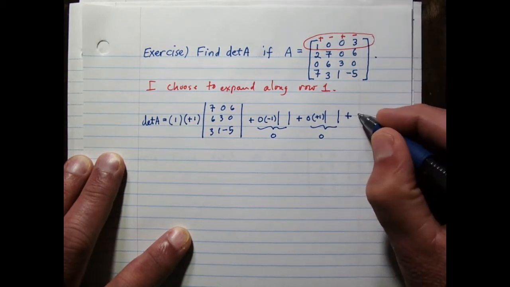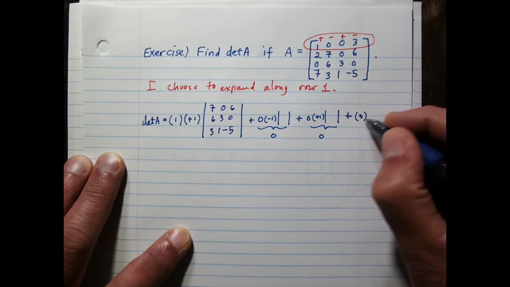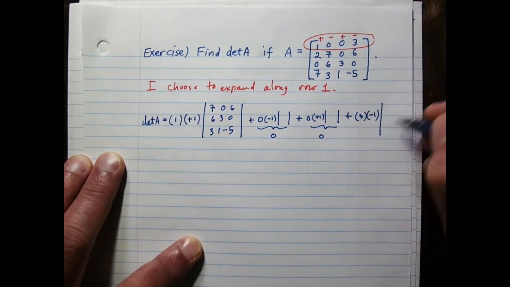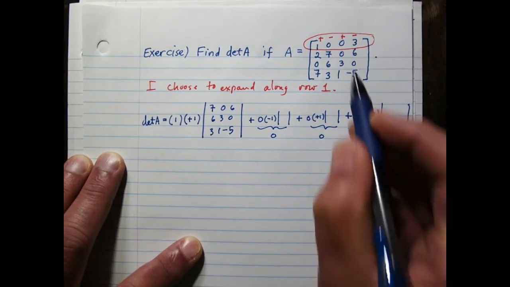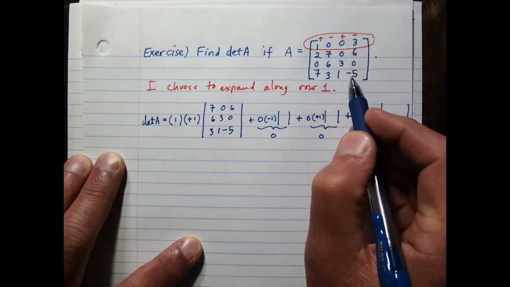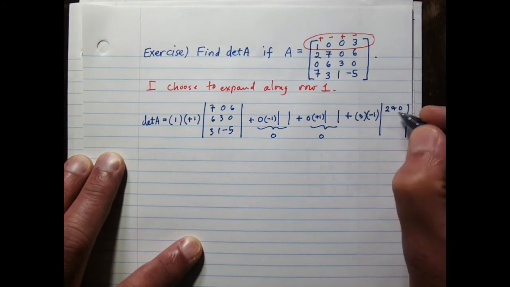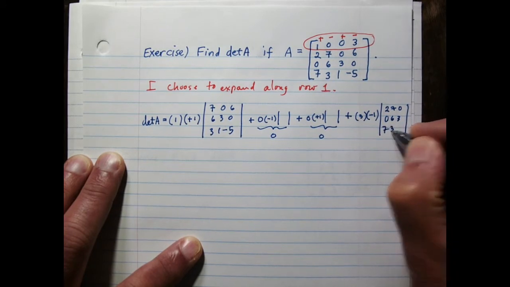But now I do have the entry of 3 times a -1 times a 3 by 3 determinant I get by removing the row and column of that 3 entry. So I get 270, 063, 731.